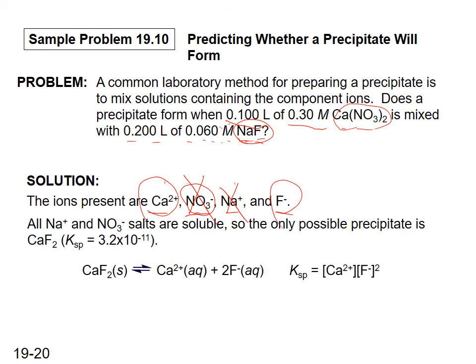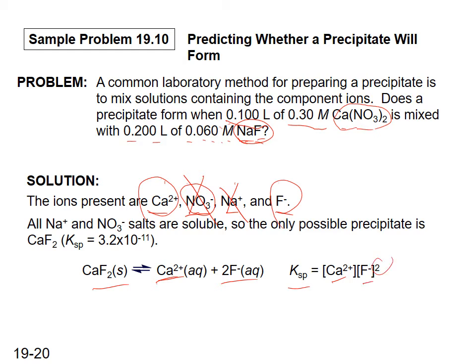And the reaction would be calcium fluoride. If they form a solid, it may form ions, calcium ion and fluoride ion. The Ksp for this dissolution reaction is calcium ion times fluoride ion squared.